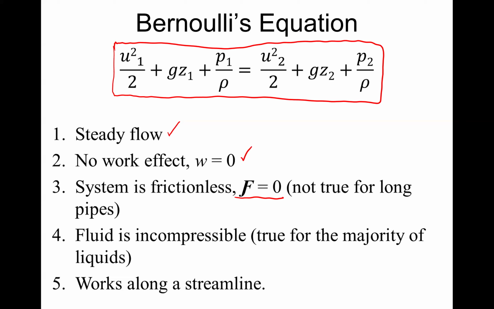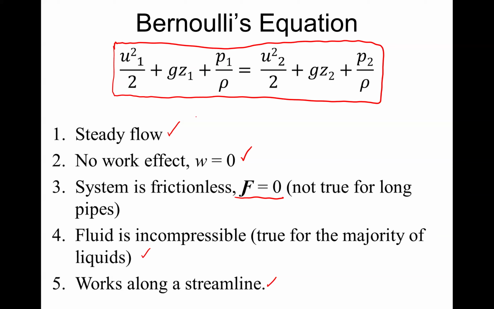So it works along a streamline. The fluid is incompressible, so mostly for liquids. The most important part is that you cannot have work effect, meaning there is no pump between points 1 and 2 that you are analyzing, and that the system is frictionless, which I would argue no such system truly is.